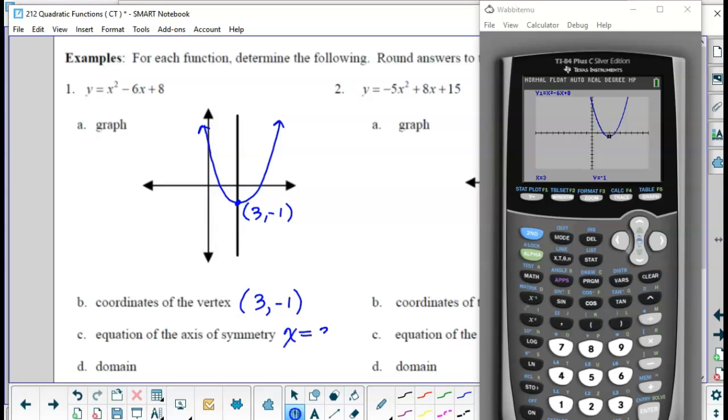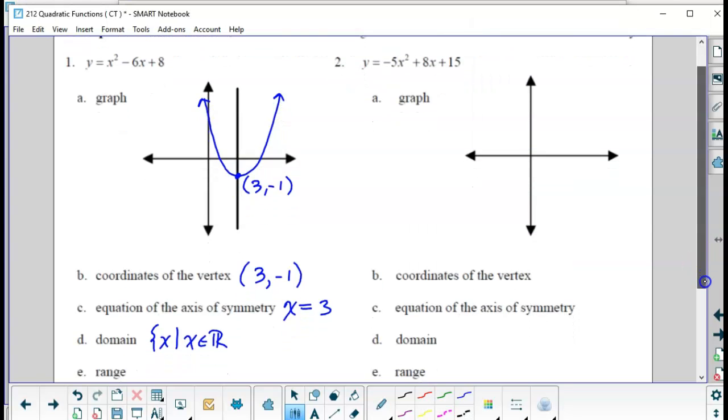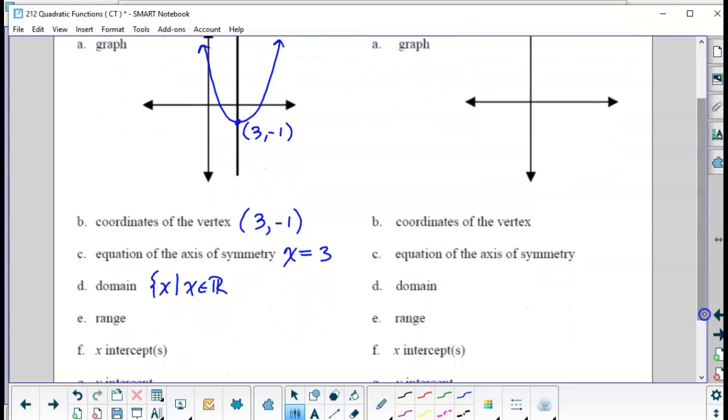So our vertical line is x equals 3. Domain for all parabolas is all real numbers. Range is everything greater than or equal to negative 1.